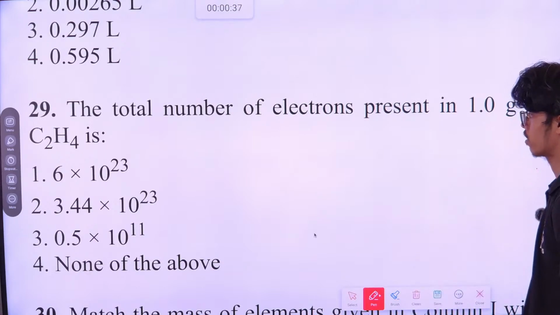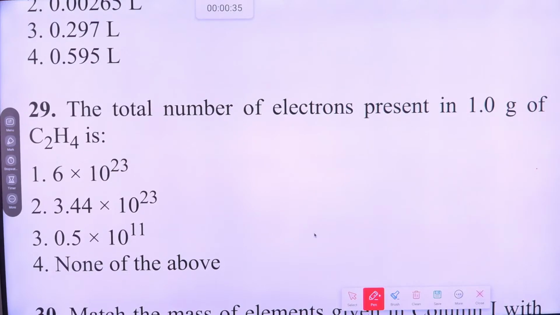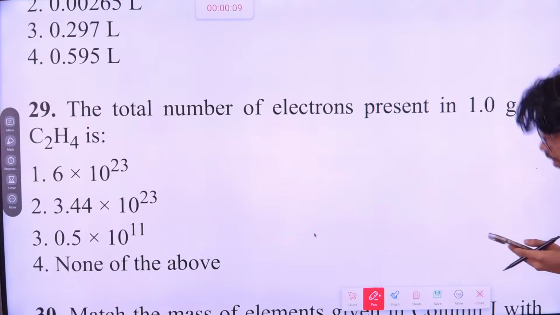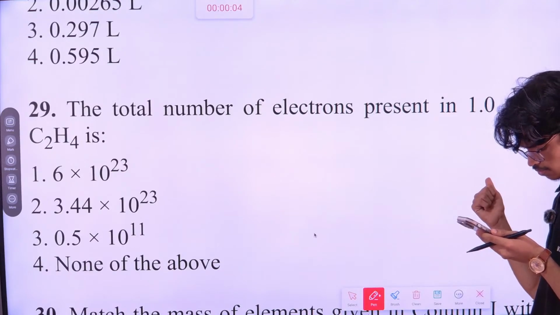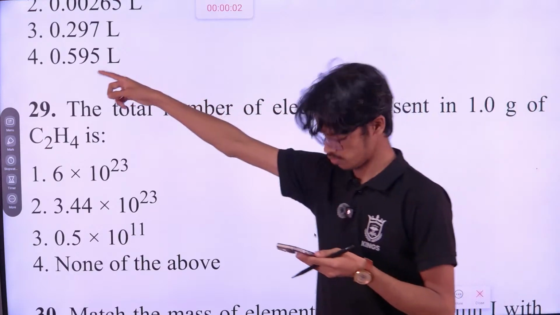The total number of electrons present in 1 gram of C2H4 is: how many electrons are present in hydrogen plus the number of electrons present in carbon. Okay, Unnati Kishore, 28, option number 4 was the right option.